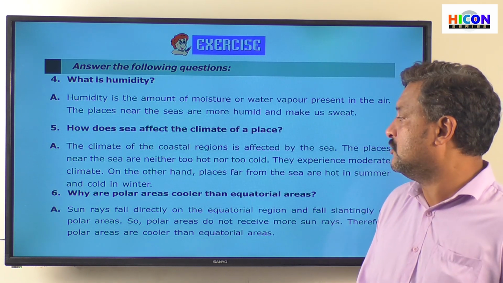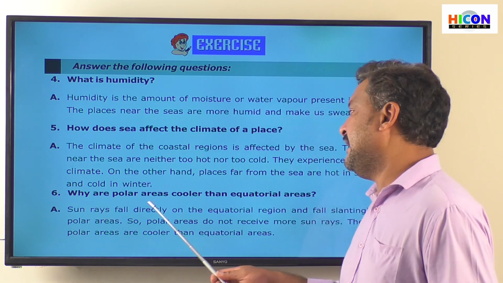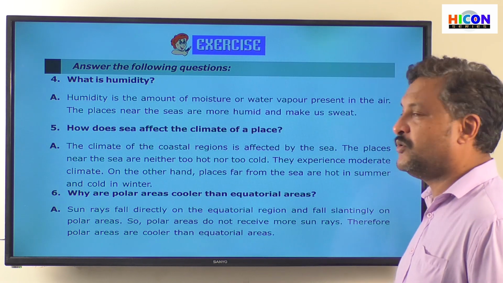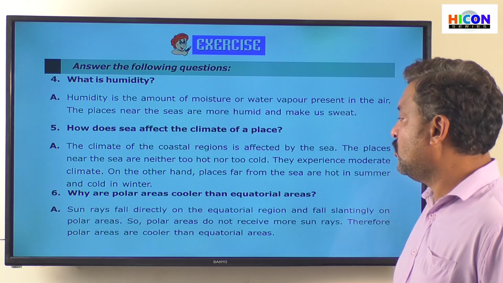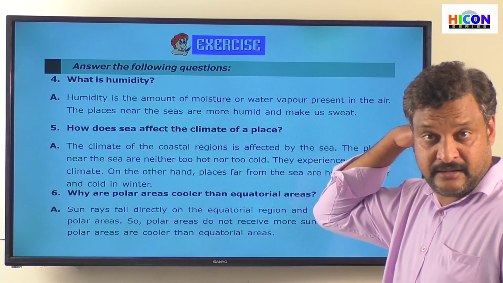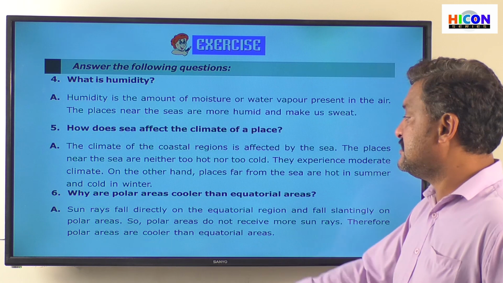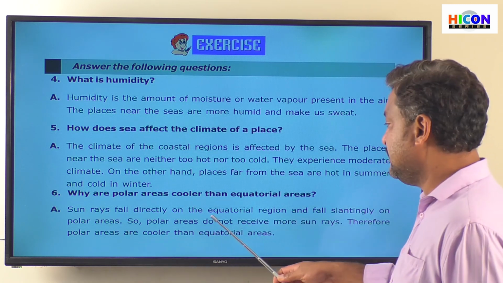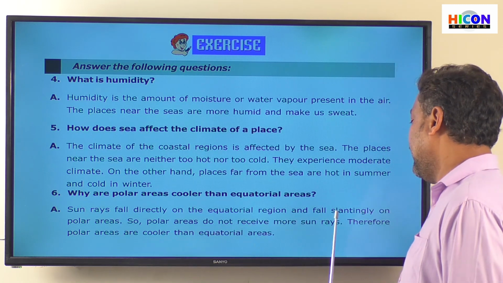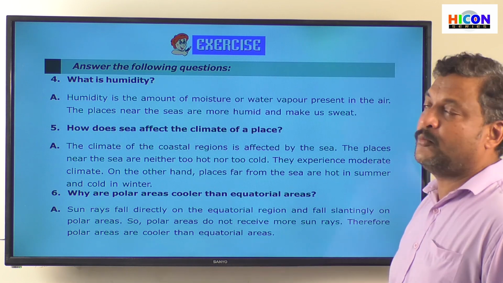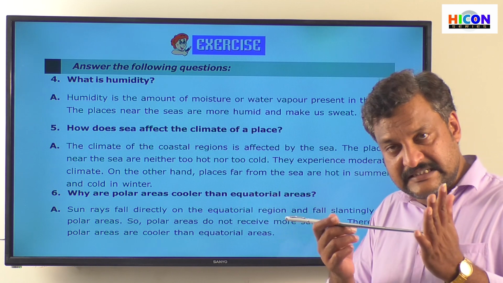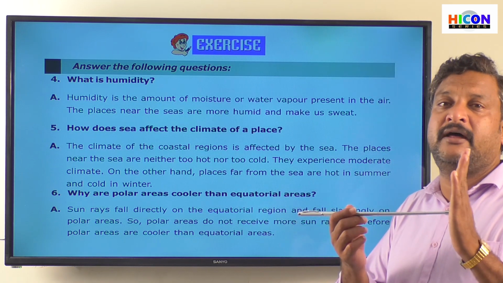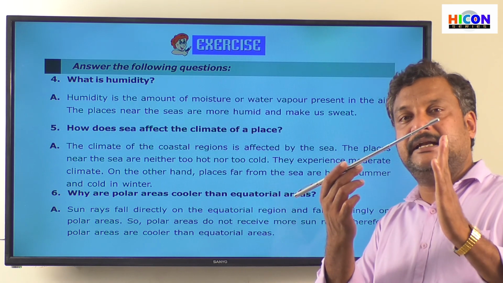Right? Now, why are polar areas cooler than the equatorial areas? What are the reasons? Sun rays fall directly on the equatorial region and fall slantingly on the polar region. So on the equator, the sun rays fall straight, and on the polar regions, they fall slanting.